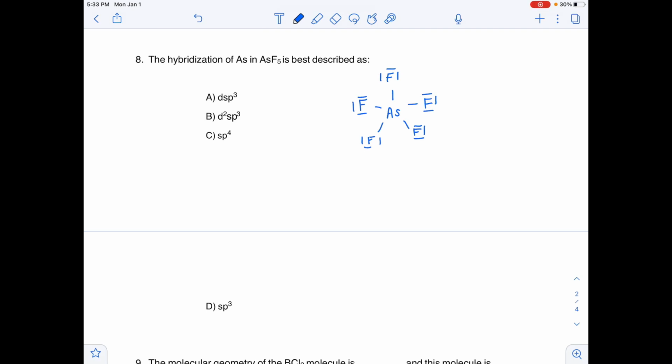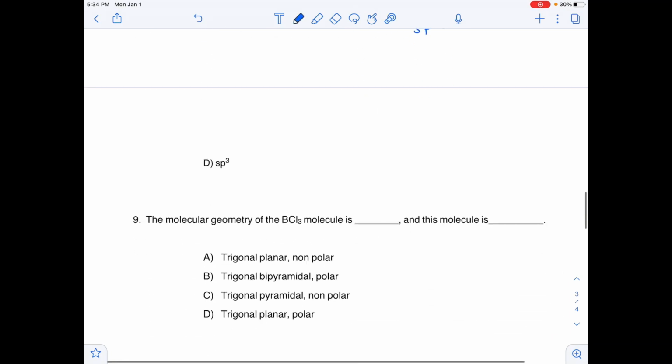So when we look at this, the hybridization is going to be sp3d, since there are 1, 2, 3, 4, 5 bonds. S has 1, P has 3, and then the D is going to have 1 to equal the 5 bonds that are connected to As. So the correct answer for this one is going to be A.